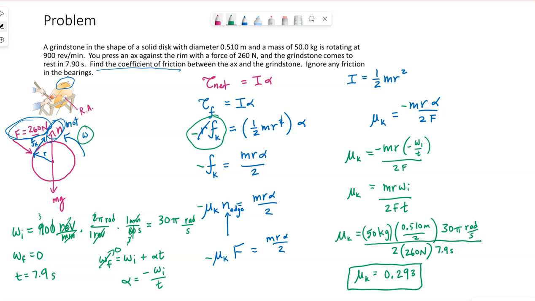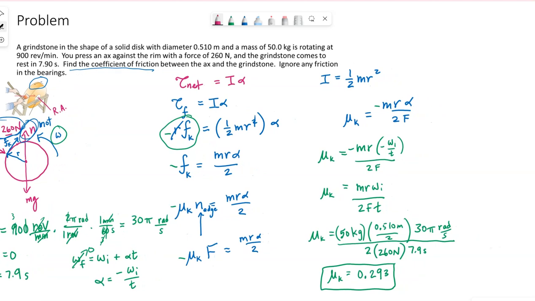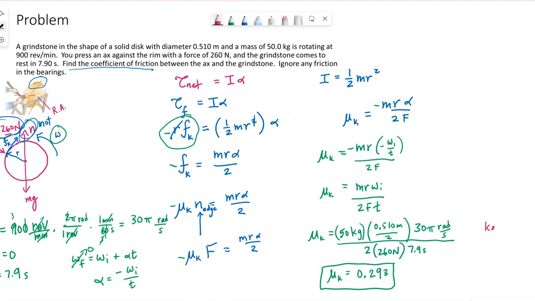Now, we should end up with no units. So in the numerator, I'm going to slide this just a little bit. Kilograms, meters, radians per second. Force is Newton, so kilogram meters per second squared. Let's see, so the kilograms are gone. The meters are gone. This cancels with 1.